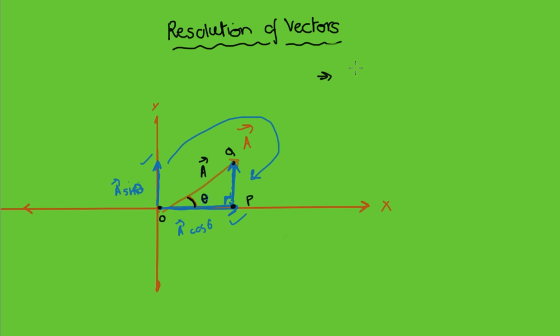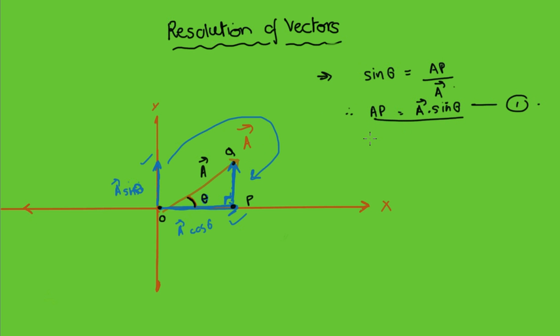So sine theta will be equal to AP, the perpendicular, divided by the hypotenuse, and that's a vector. Therefore AP will be a vector sine theta. Alright, we got one result.